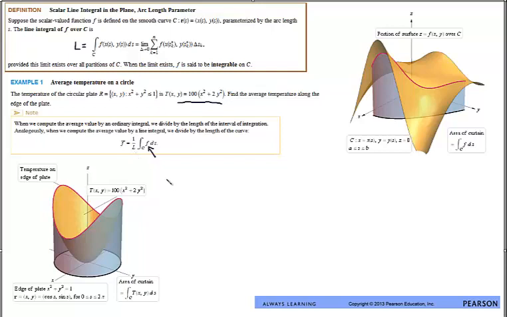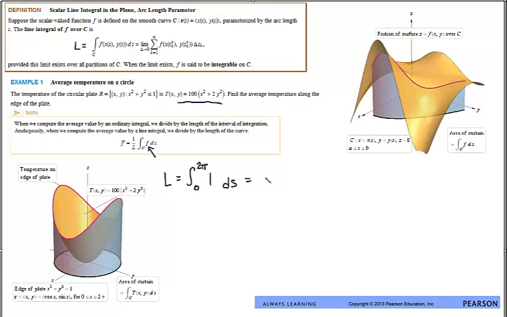Our line integral is going to be just the integral of the edge of this plate, which is just a regular 0 to 2 pi, and the value of that line integral is 1 ds.